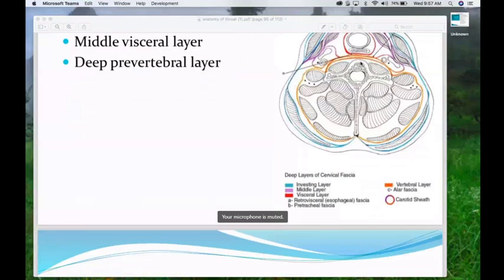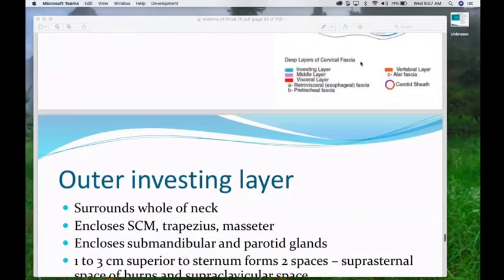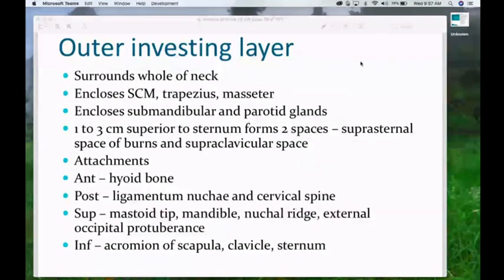Deep prevertebral layer. Okay, first we talk about the outer investing layer.